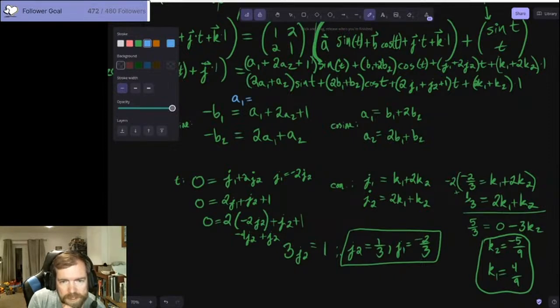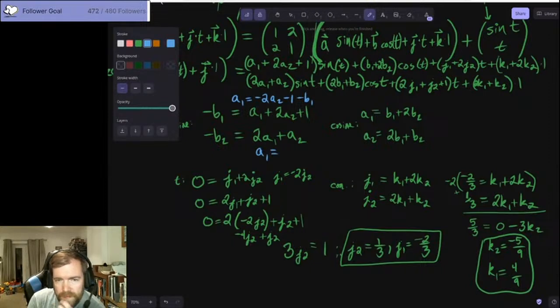Alright, A1 is going to be equal to, rewrite all this stuff, negative 2A2 minus 1 minus B1. A2 is going to be equal to, that's not going to be helpful, so we need to get it in terms of the other one.